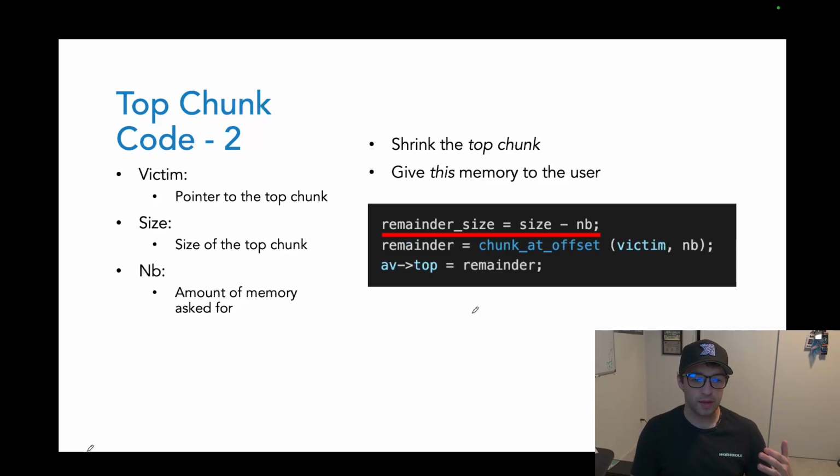So it's going to use that new size. It's going to then move itself forwards by using the chunk_at_offset macro by those nb bytes. And finally, it sets that to be the pointer to top. So that's that entire functionality for setting up the top chunk.